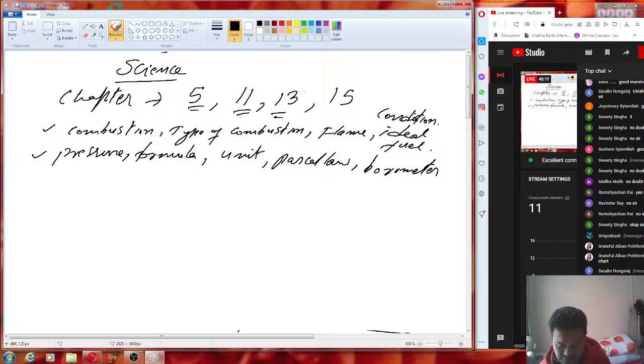Then chapter 13, which is on the chemical effects of electric current.